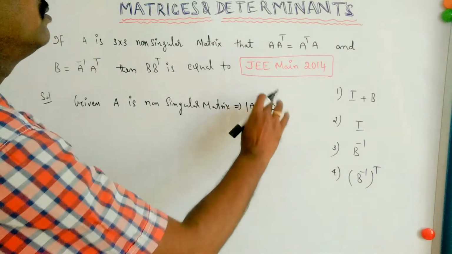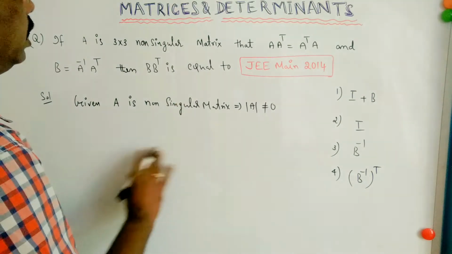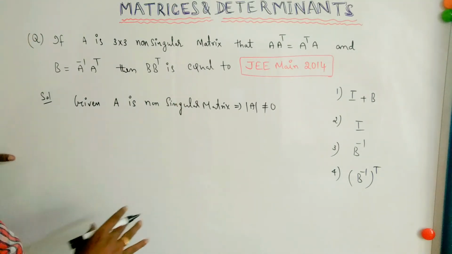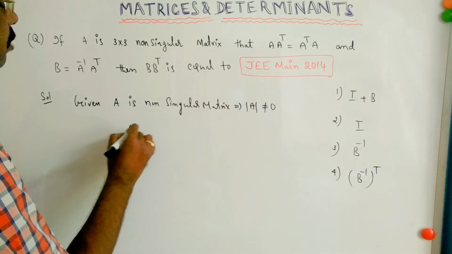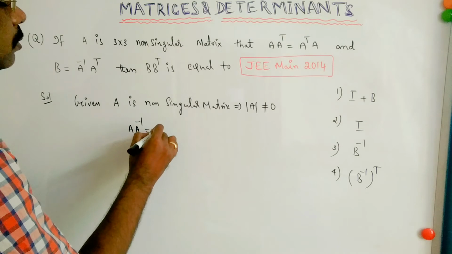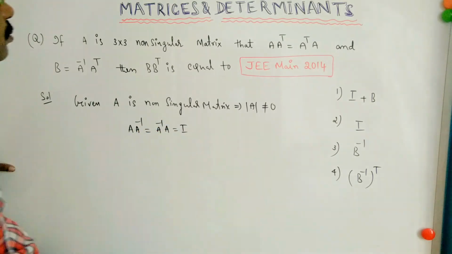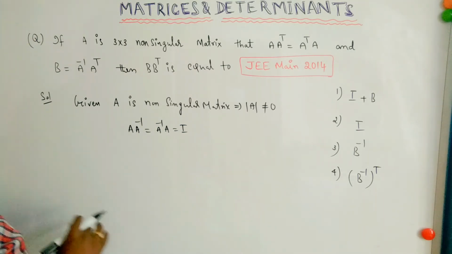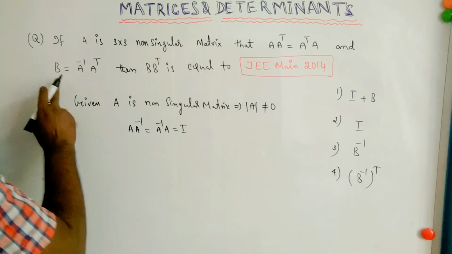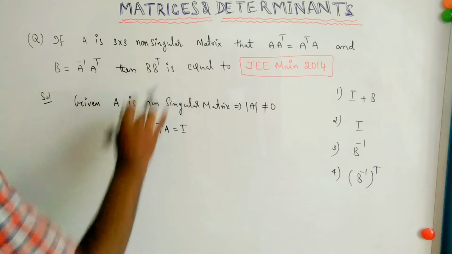Now A inverse exists, which means A is an invertible matrix. A into A inverse is equal to A inverse into A is equal to I. And here B is equal to A inverse into A transpose. Now find B into B transpose.